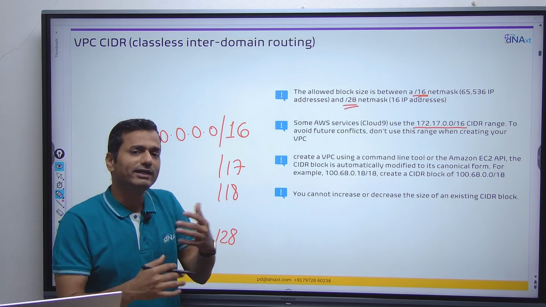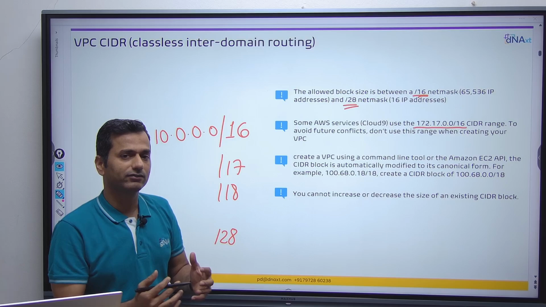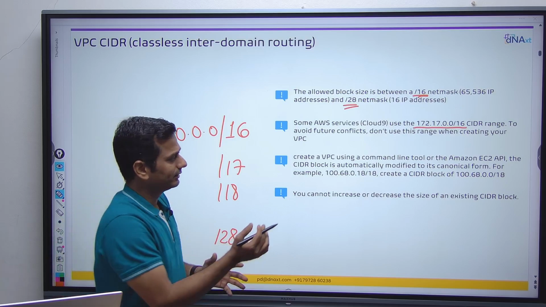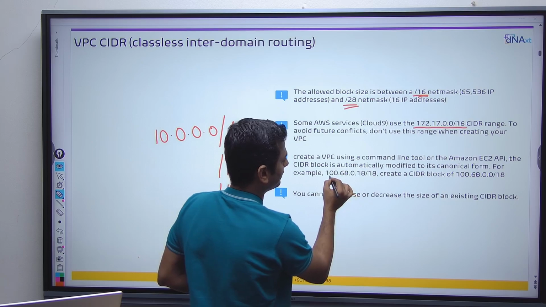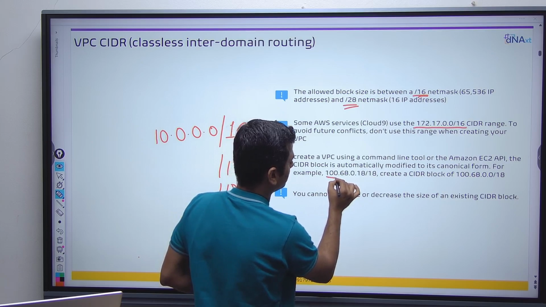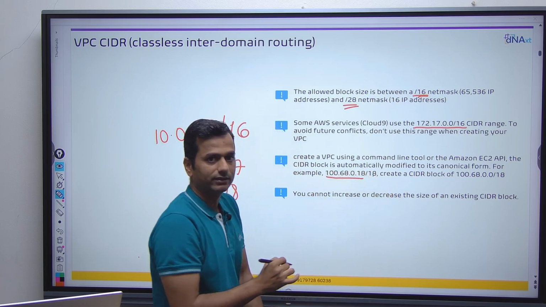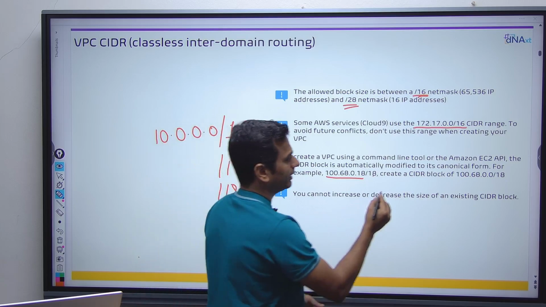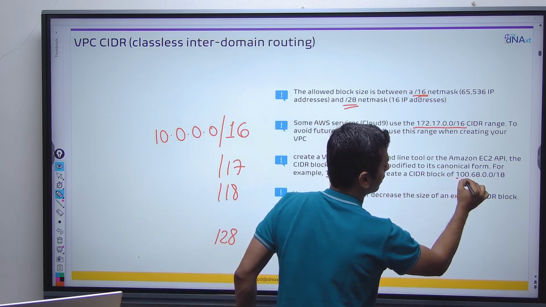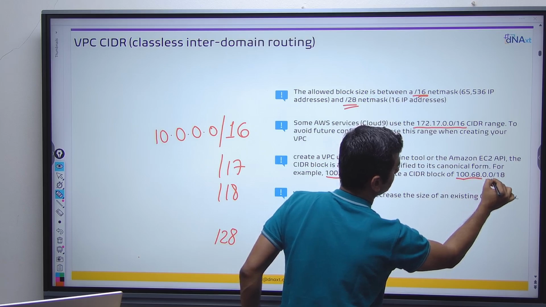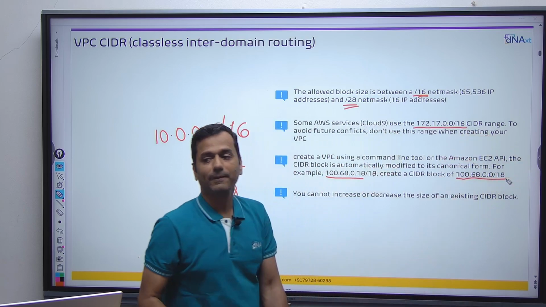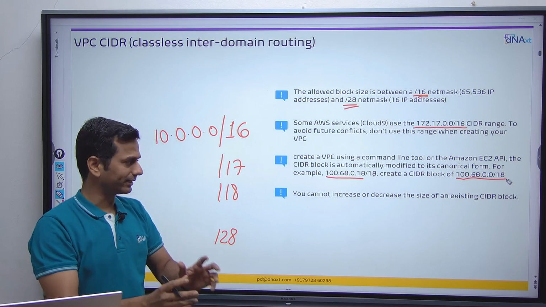Consider if you are creating a VPC and CIDR through the CLI, and if you configure it like this, 100.68.0.28/18, it will automatically convert into the actual subnet 100.68.0.0/18, right? It's automatically corrected.